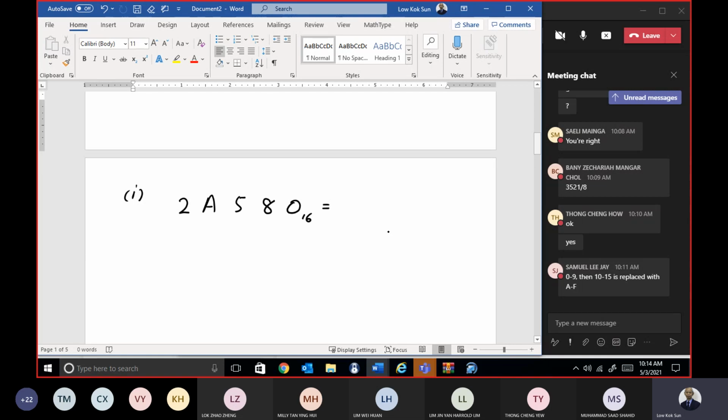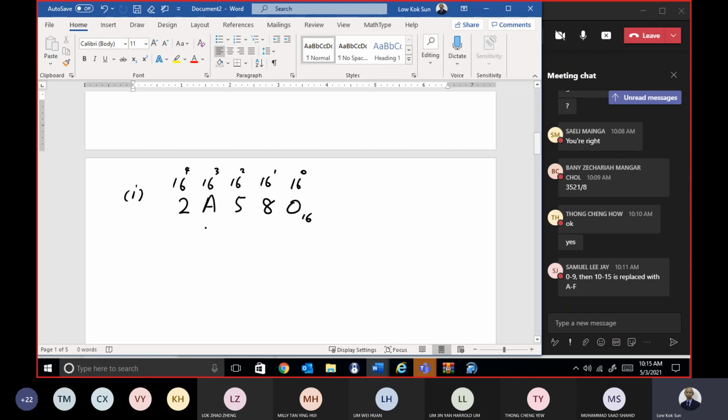So I want to find what value it is, converting into system 10. As usual, I must know the position of each of these and the value they represent. So they are all base 16, so 16 to the power 0, 16 to the power 1, 2, 3, 4.